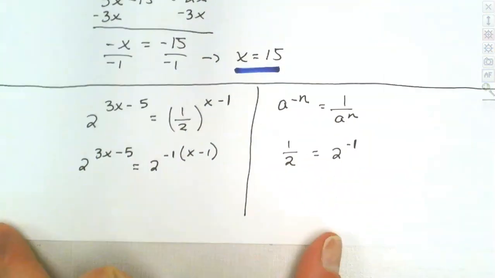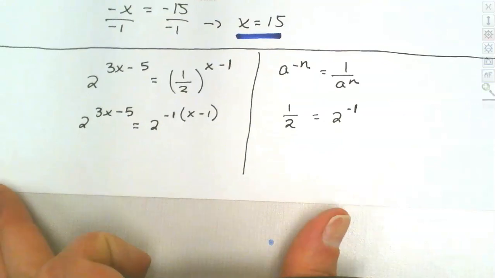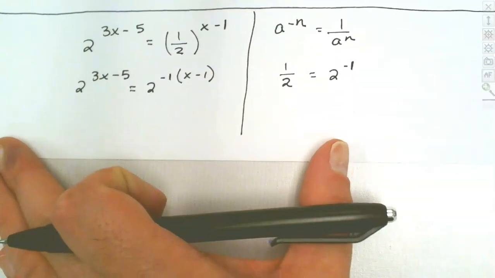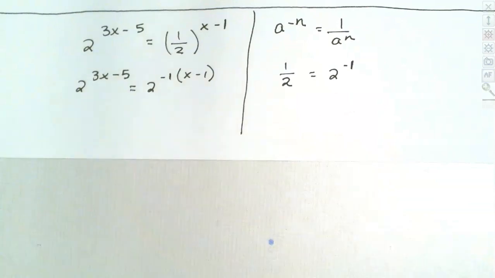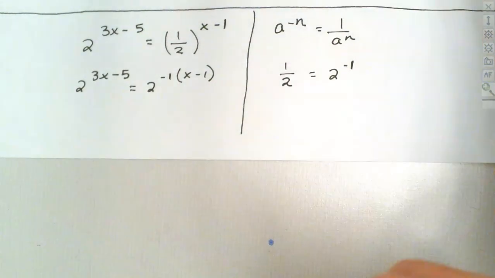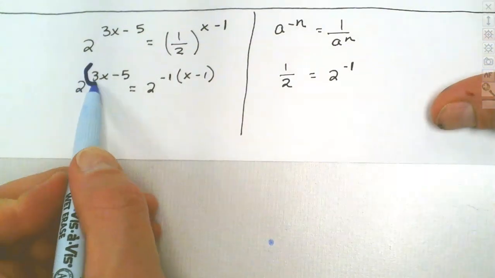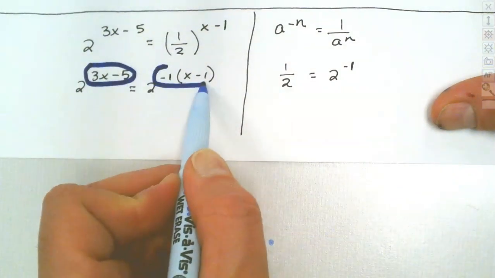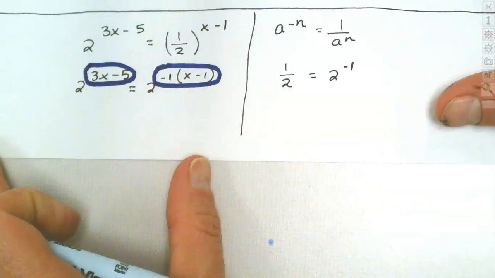So you see how I rewrote that fraction. When you flip the fraction over, it changes that exponent. Now the bases are the same again, and since the bases are the same, we know that the exponents must also be the same.